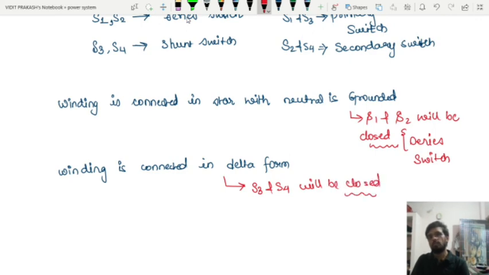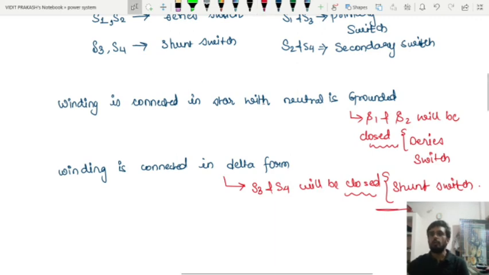It means which switch is going to operate? Shunt switch. Okay, so this is how we draw the impedance circuit for the transformer.